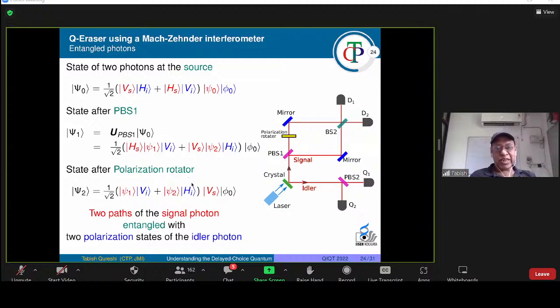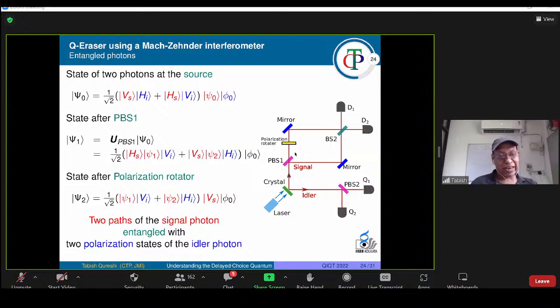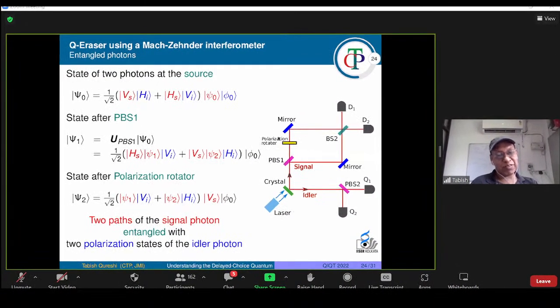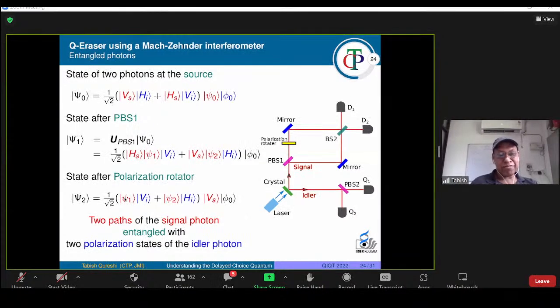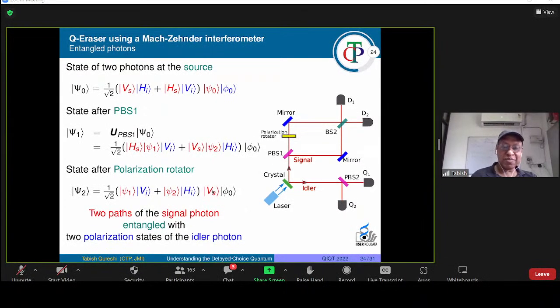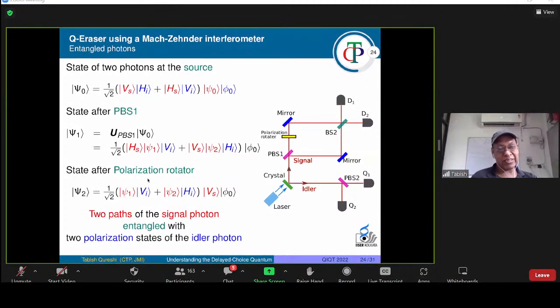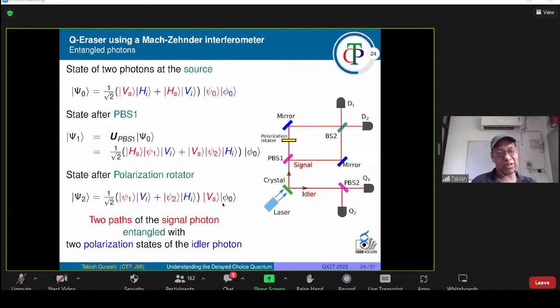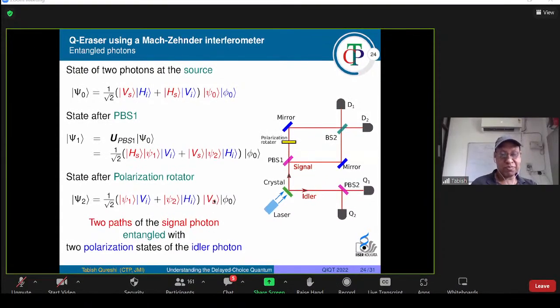So now you see that to start with we had two photons which were entangled in polarization. I have acted only on one of the photons and I have managed to disentangle the polarization of the two photons. So you see that polarization of the idler is here and this is the product state. So this is polarization of the signal photon.